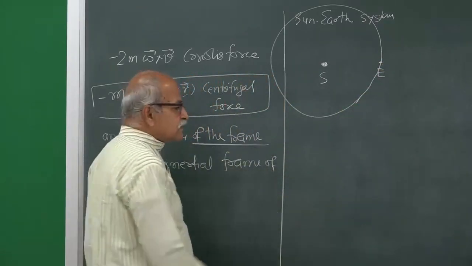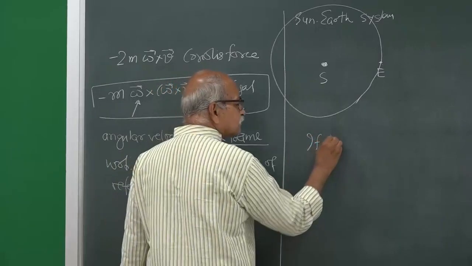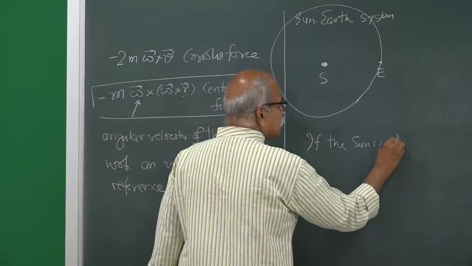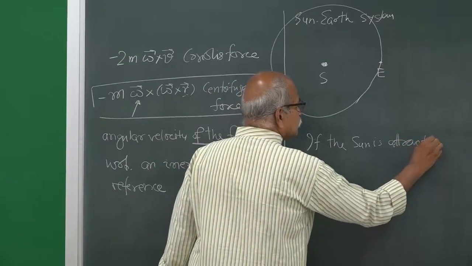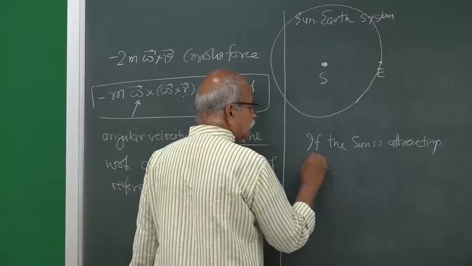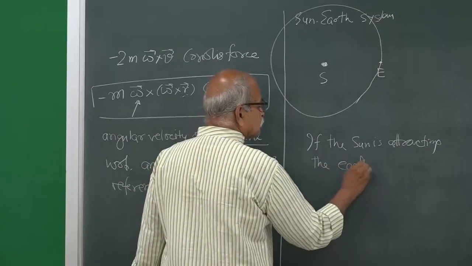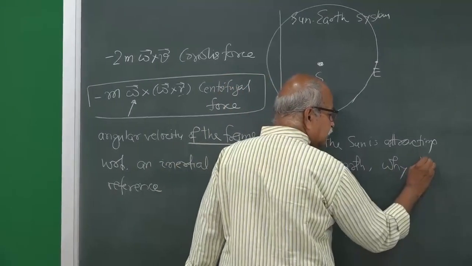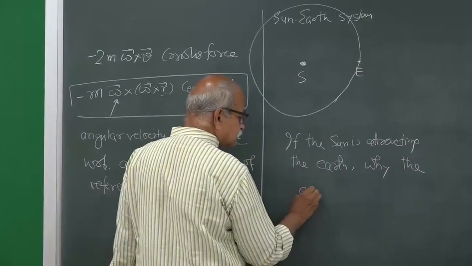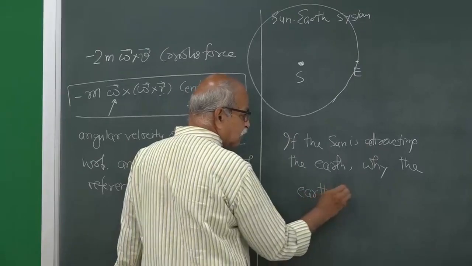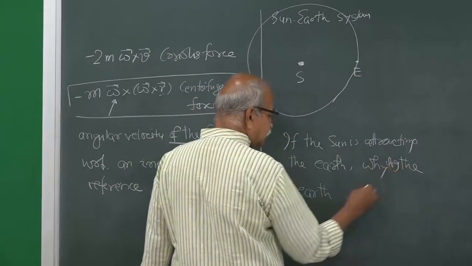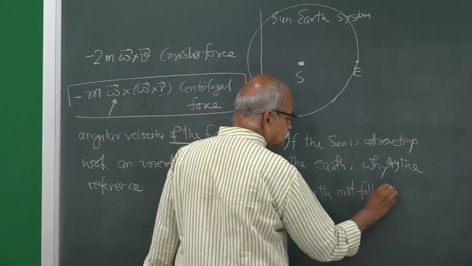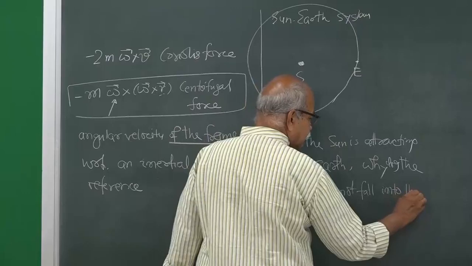And so if you assume this circular orbit, often a question is asked, if sun is attracting the earth, why does the earth not fall into the sun?